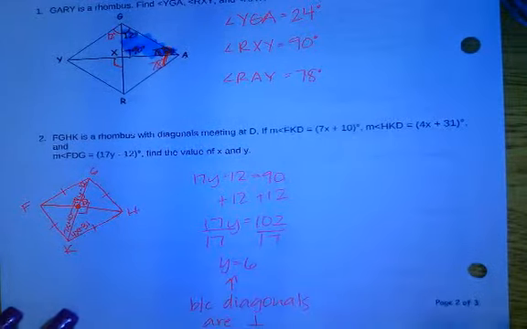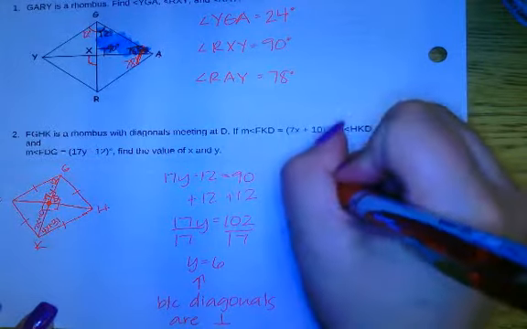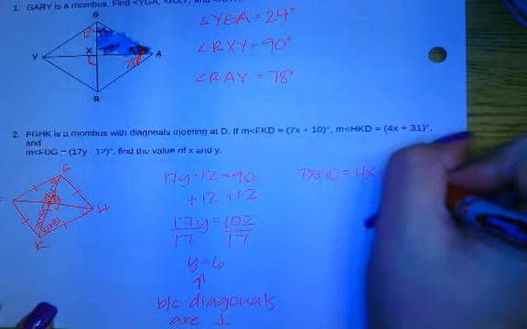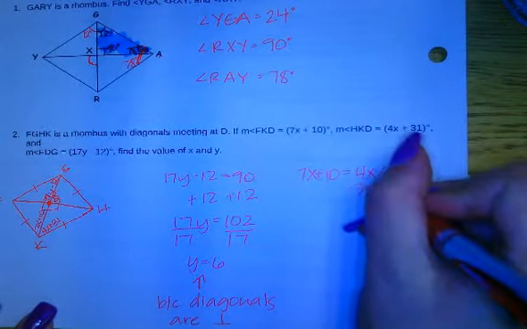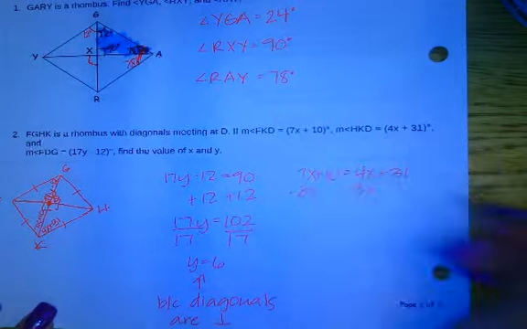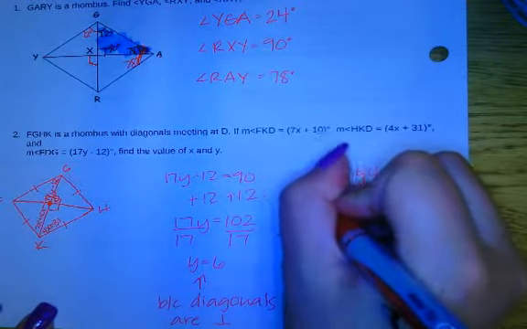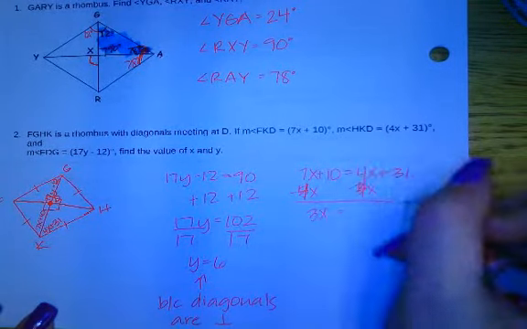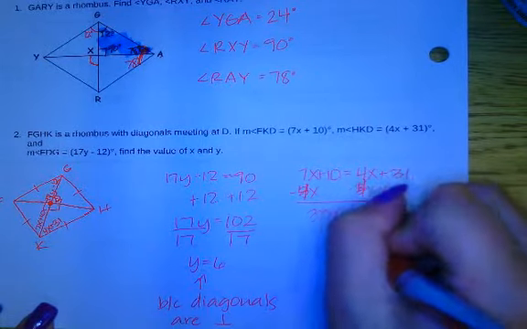Somebody give me a different equation. 7x plus 10 equals 4x plus 31. Very good. And why is that? Because they're bisectors. So what does x equal? 7. Very good.